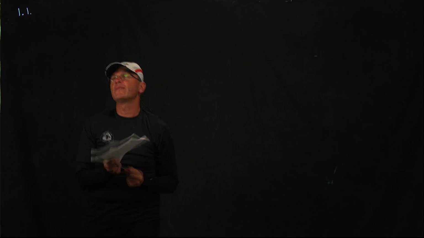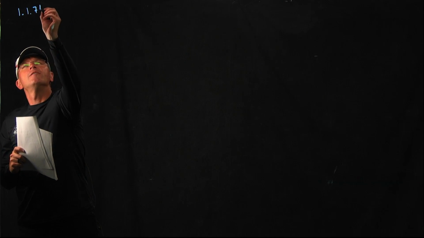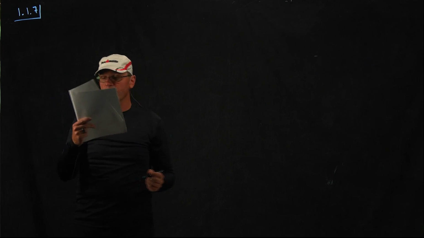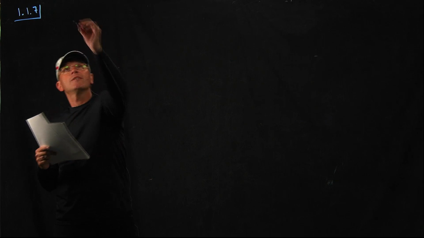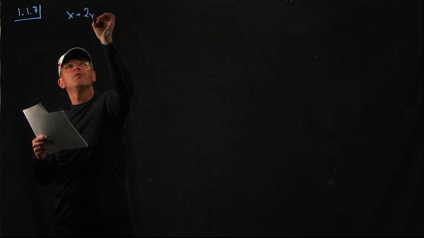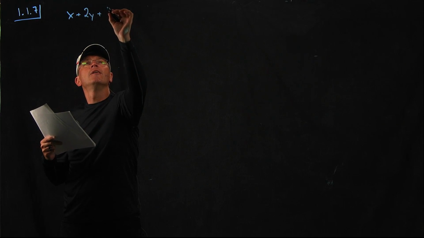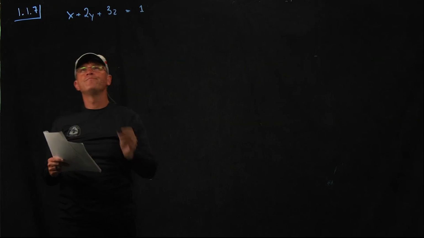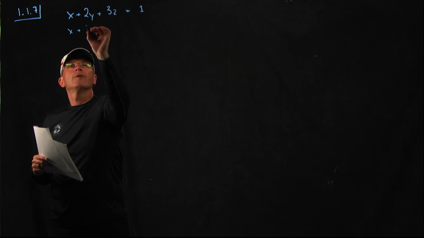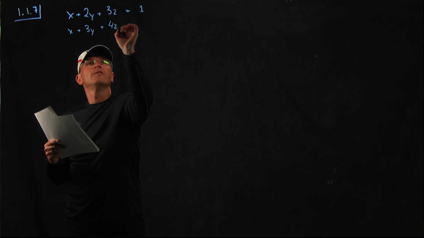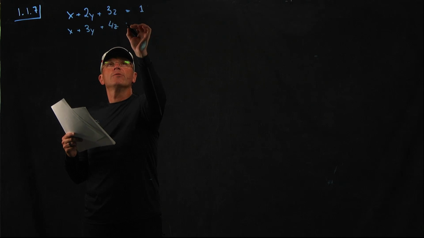All right, next problem is 117. Still more of the same, except now we have three equations and we have three unknowns, x, y, and z. So you have x plus 2y plus 3z equals 1. x plus 3y plus 4z equals 3.